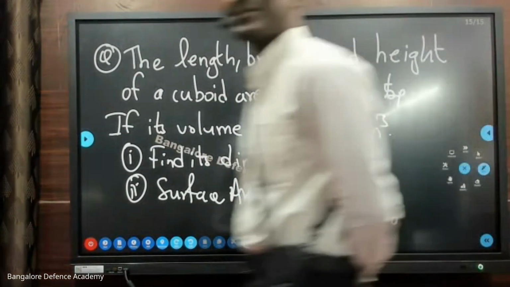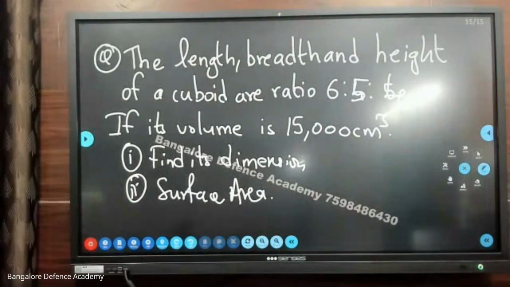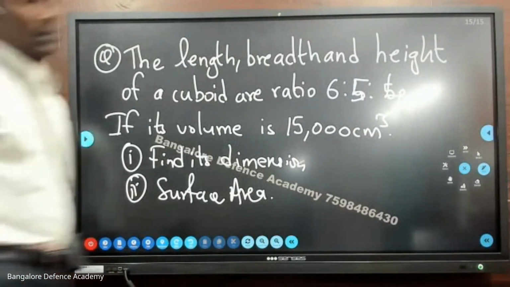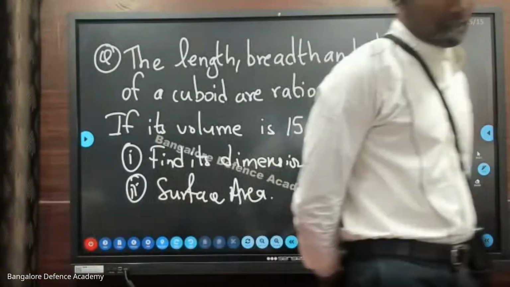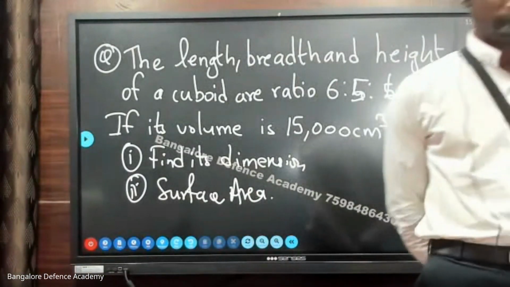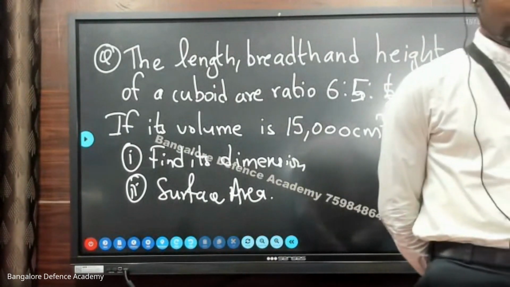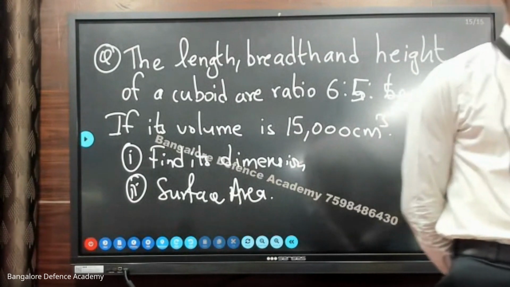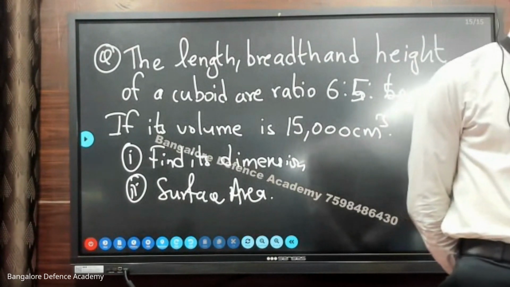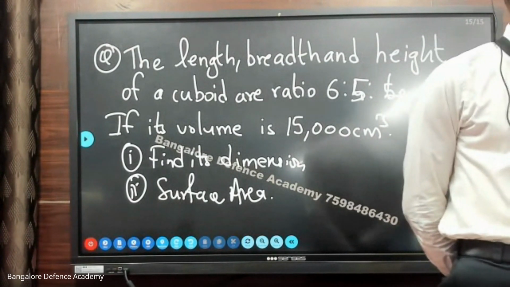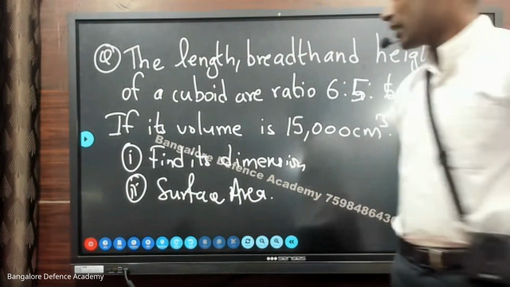Length is 30, correct. 30 centimeter. Length is 20 and height 24. Check. 24, 25. 30, 25 and 20. Is it right? Okay, look how to solve this.